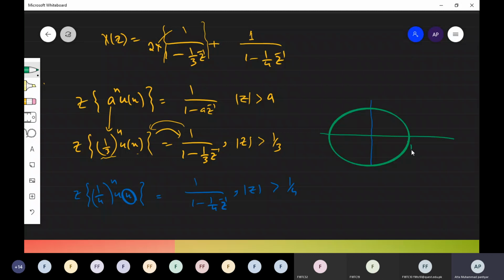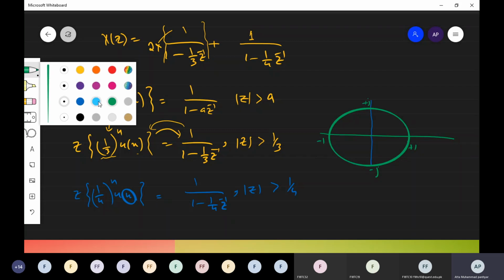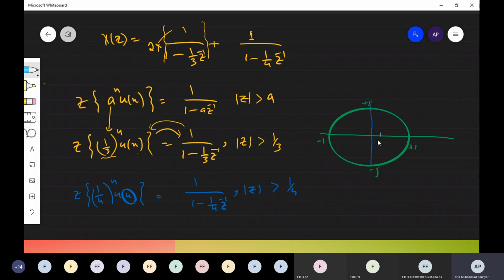Oh, great. So this is +1, this is -1, this is plus j, this is minus j. Okay. So the first signal says that the region of convergence must be greater than 1/4. So 1/4 might be somewhere here, and this circle is... Okay, so the region of convergence for the first signal says that the value of z must be greater than 1/4, right?